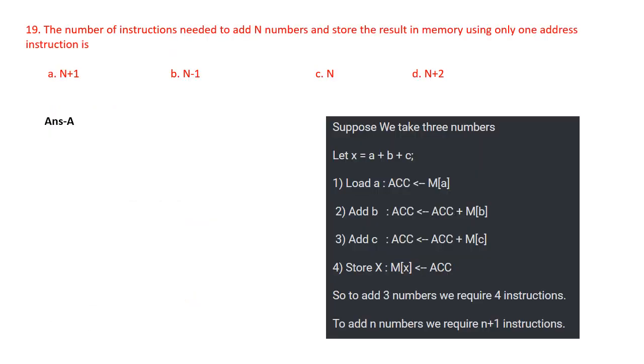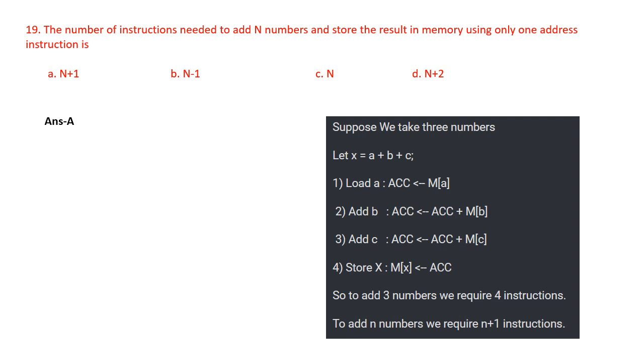The number of instructions needed to add n numbers and store the result in memory using only one address instructions. So a one address instruction is like an instruction with one operand. So it is asking how many instructions would be needed. Yeah. I have added one example here. The expression is x equals a plus b plus c.